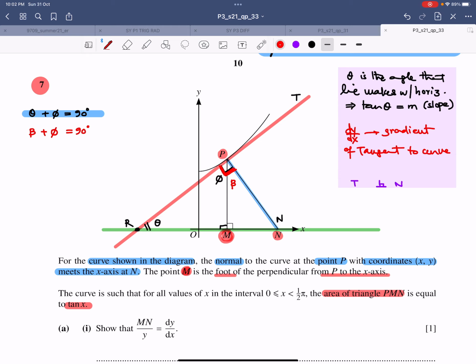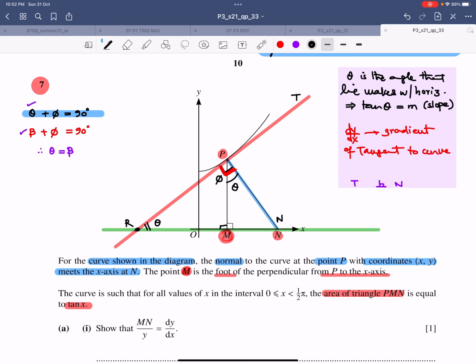What conclusion can I draw? If I look at comparing coefficients, theta comes out to be the same thing as beta. So let me use my eraser and erase this beta, and this beta is actually the same thing as theta.